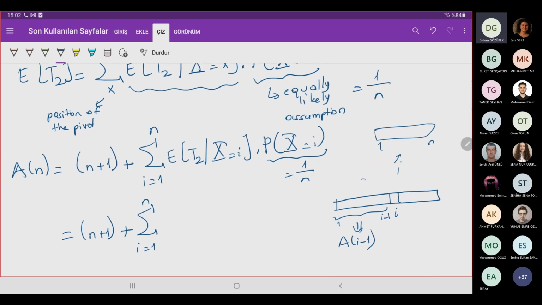In this recursion there are two recursive calls. The average case is i minus 1 because I have i minus 1 elements here, where i is the proper position of the pivot element. And in the other, the average case is n minus i, because i is the pivot and this starts from 1, so it is n minus i.